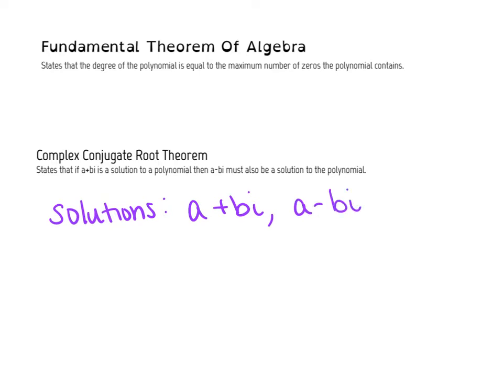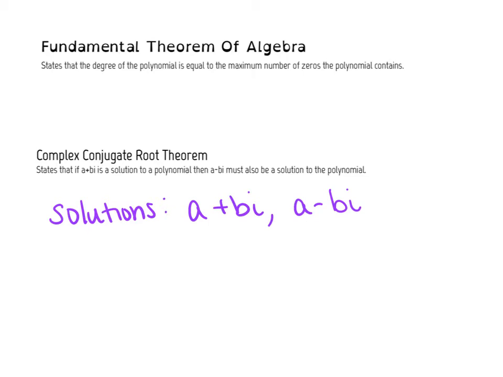And because of this, anytime you have a complex zero, you're always going to look for its conjugate pair to give you all the zeros. So we're going to talk about that with the fundamental theorem to help us actually find the number of zeros and the actual zeros when we look at an actual equation.